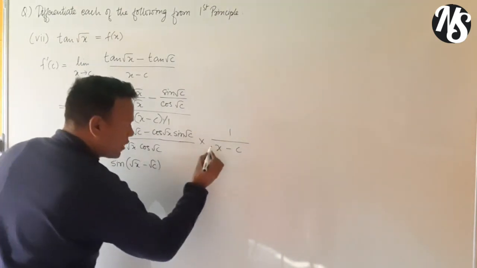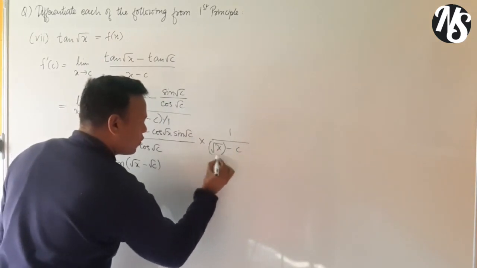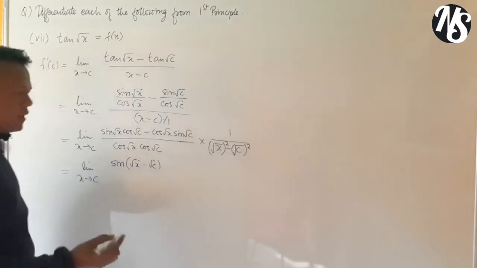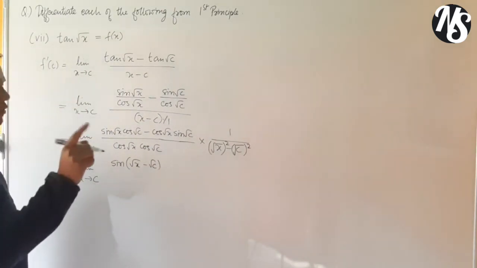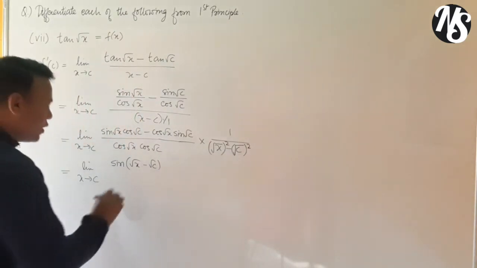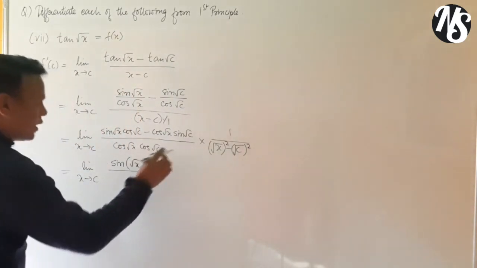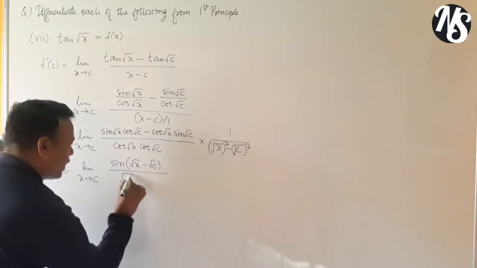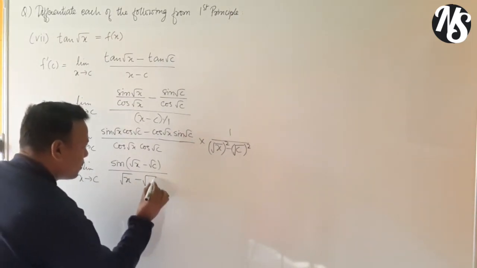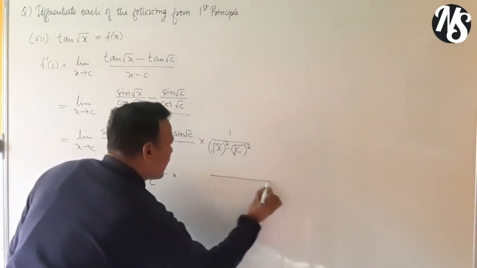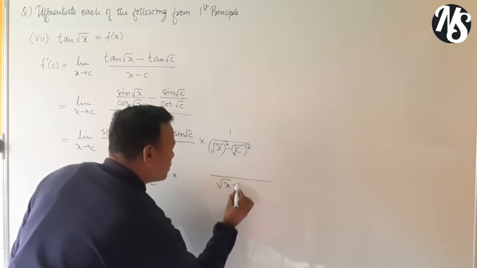Now see here carefully. Can I write this as square root of x whole square minus square root of c whole square? Yes, definitely I can write this. So this is like a square minus b square. If this is my a square minus b square, then I can write this as a minus b into a plus b.